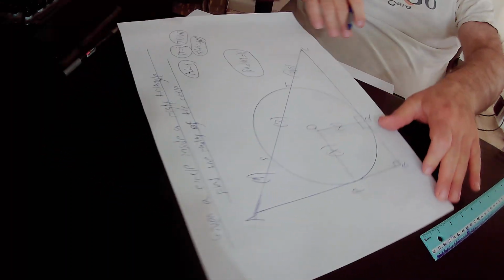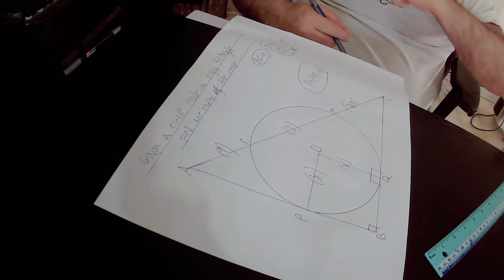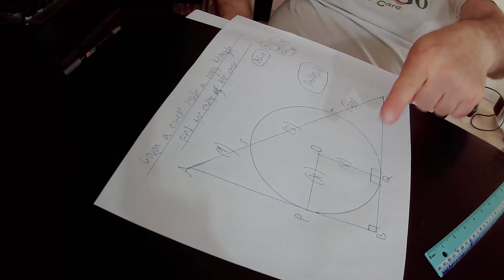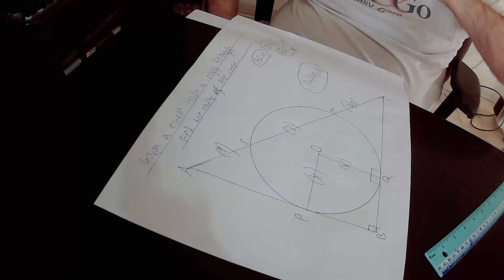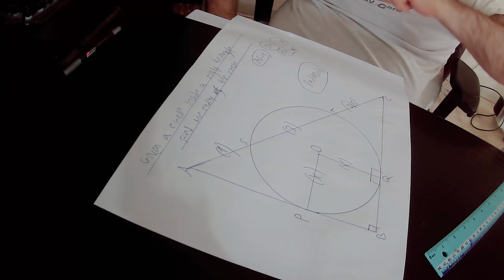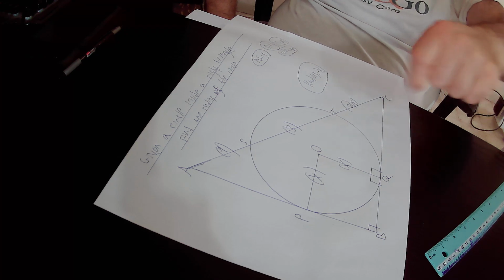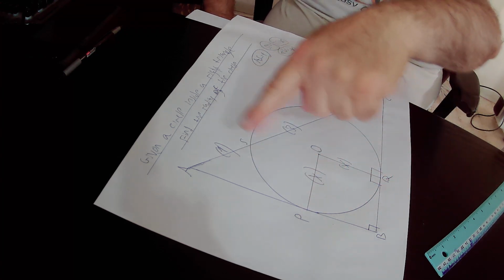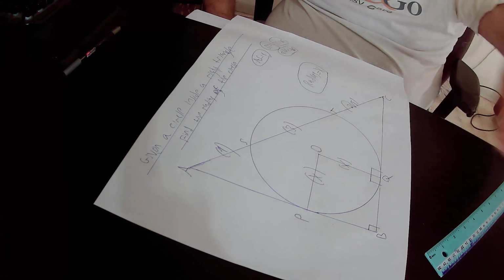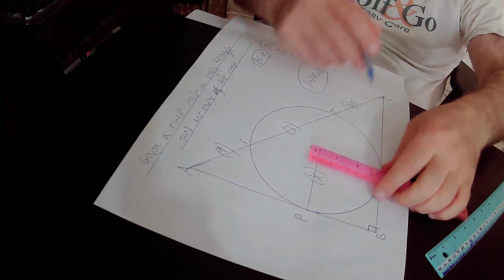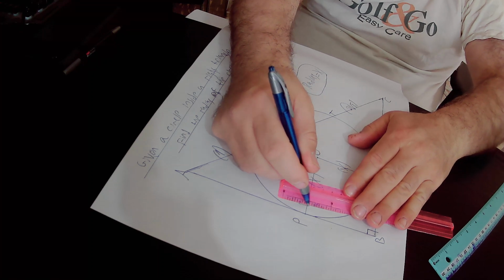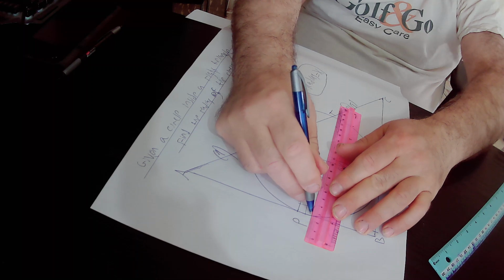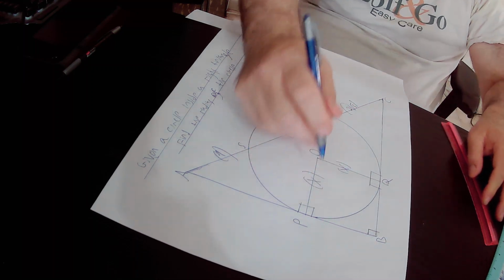So the radius OP is drawn to point P, that is the point of tangency of tangent AB with this circle. And whenever you have a radius that is drawn to the point of tangency, then tangent AB will be perpendicular to the radius PO. If AB is perpendicular to PO, it means that this angle equals 90 degrees, and this angle also equals 90 degrees according to the same rule, rule 1.